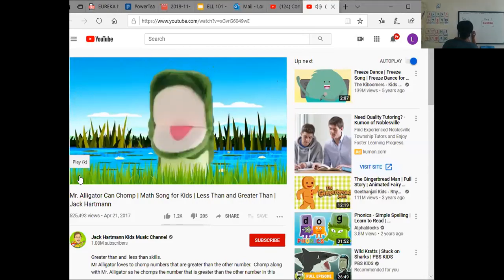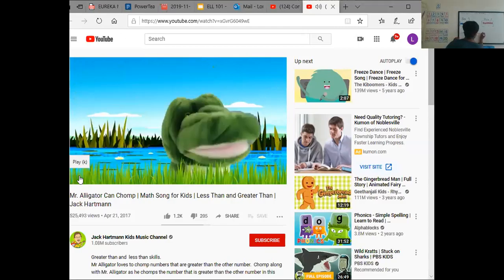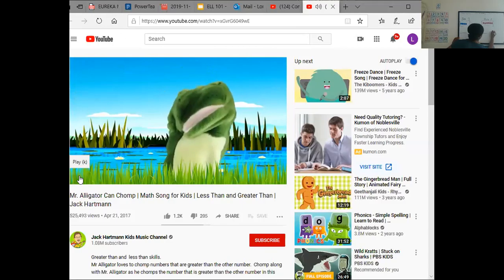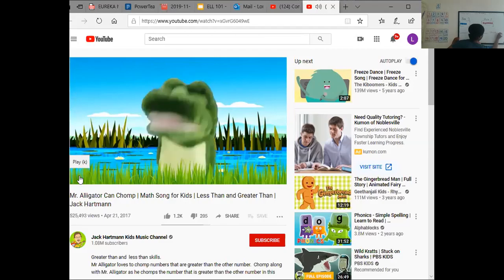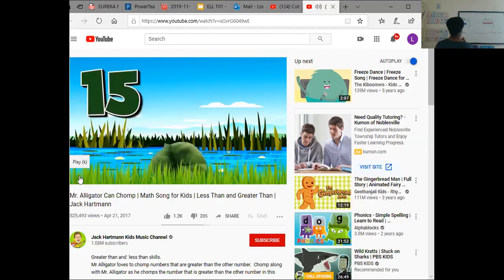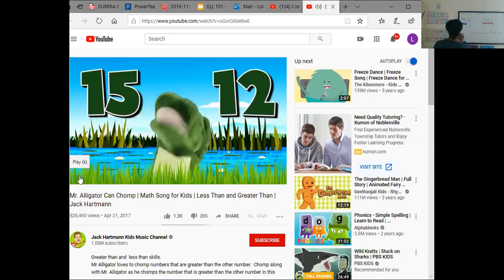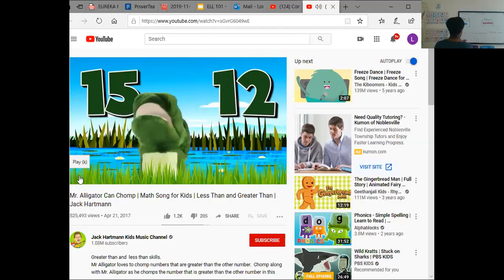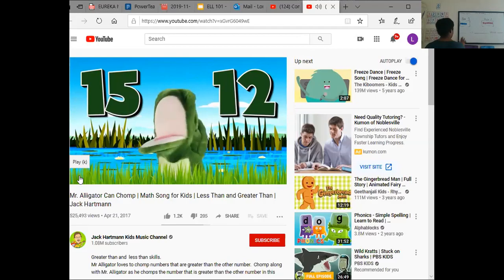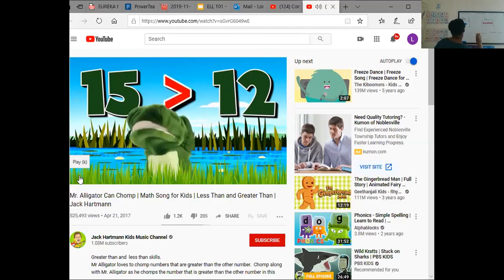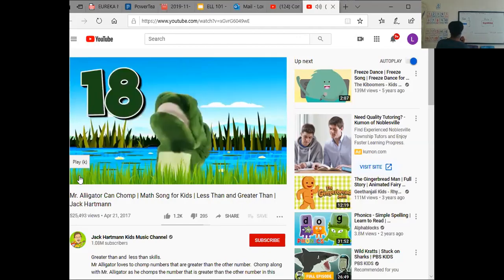Mr. Alligator can chomp, he can swim and he can stomp. He's a real smart alligator. He chomps at numbers that are greater. This is number 15. This is number 12. Hey, Mr. Alligator, chomp at the number that is greater. This is number 18.